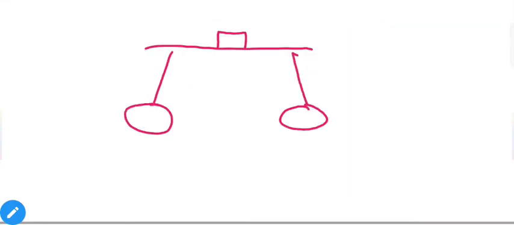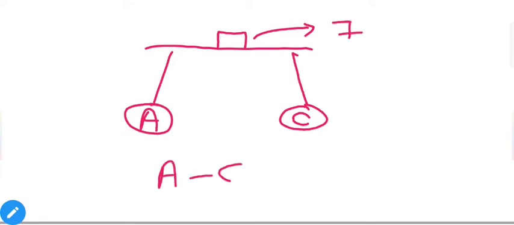For that you have to put either A or B on one end of the scale and C on the other. Now let us assume we take the difference of A and C. On this scale you can see the difference between these two is 7. That means A minus C is equal to 7, our simple equation.